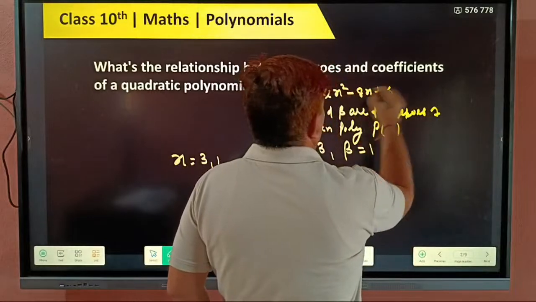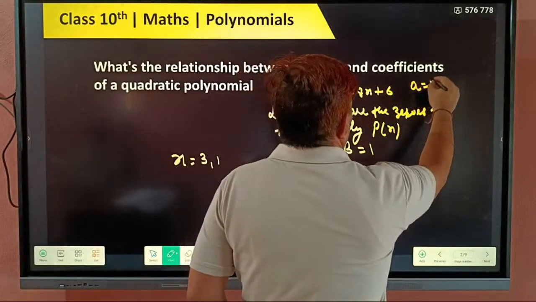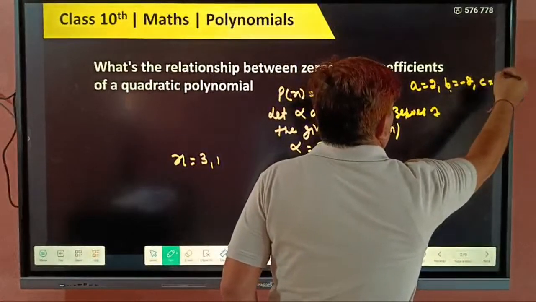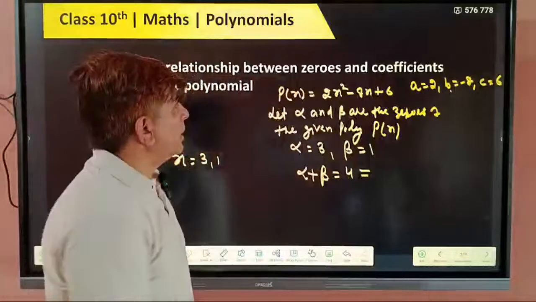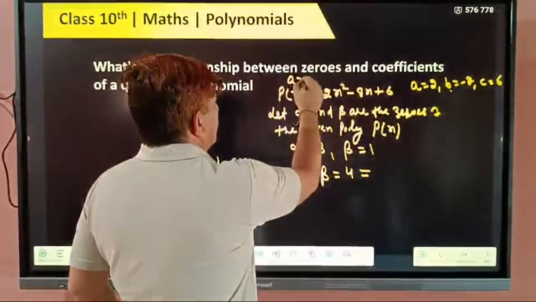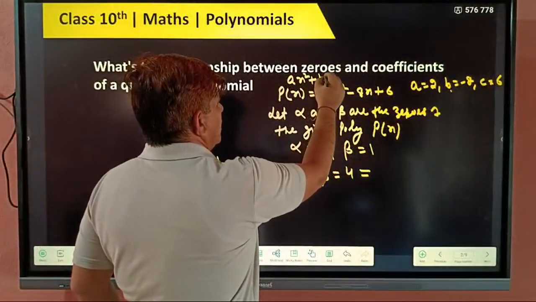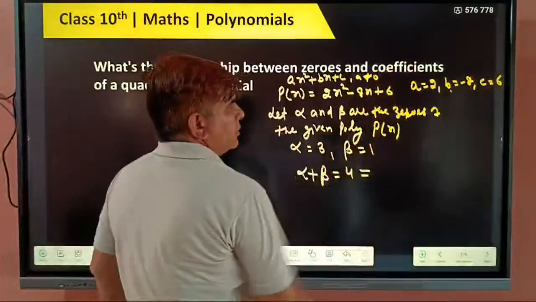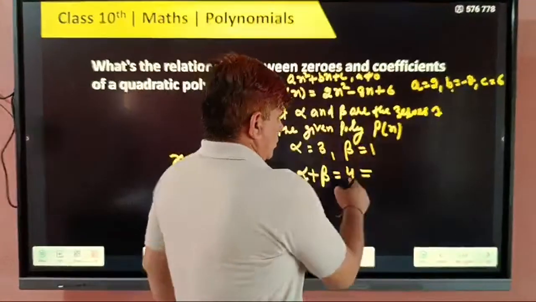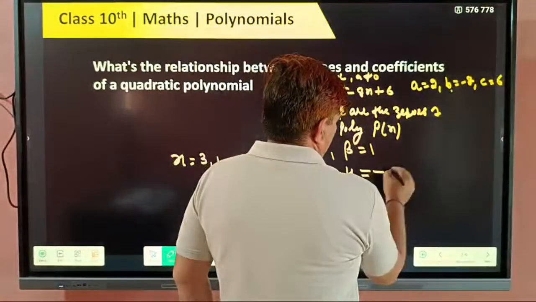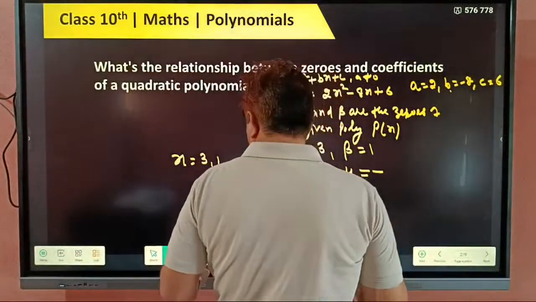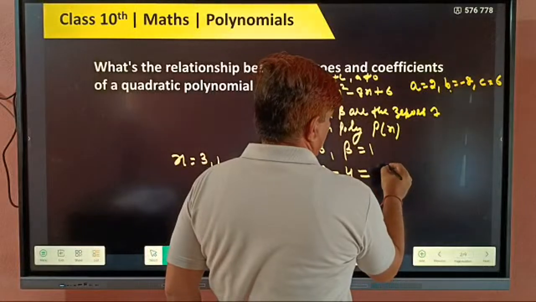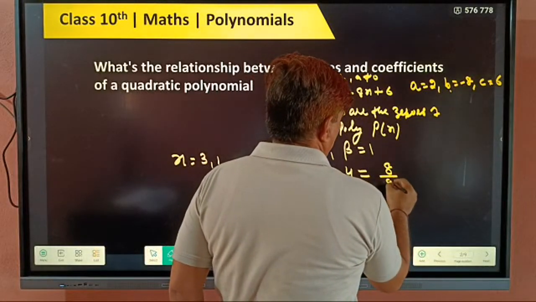If we compare this with the standard quadratic polynomial, A equal to 2, B equal to minus 8, and C equal to 6, where A is not equal to 0. So how can I write this? It is equal to 8 by 2.